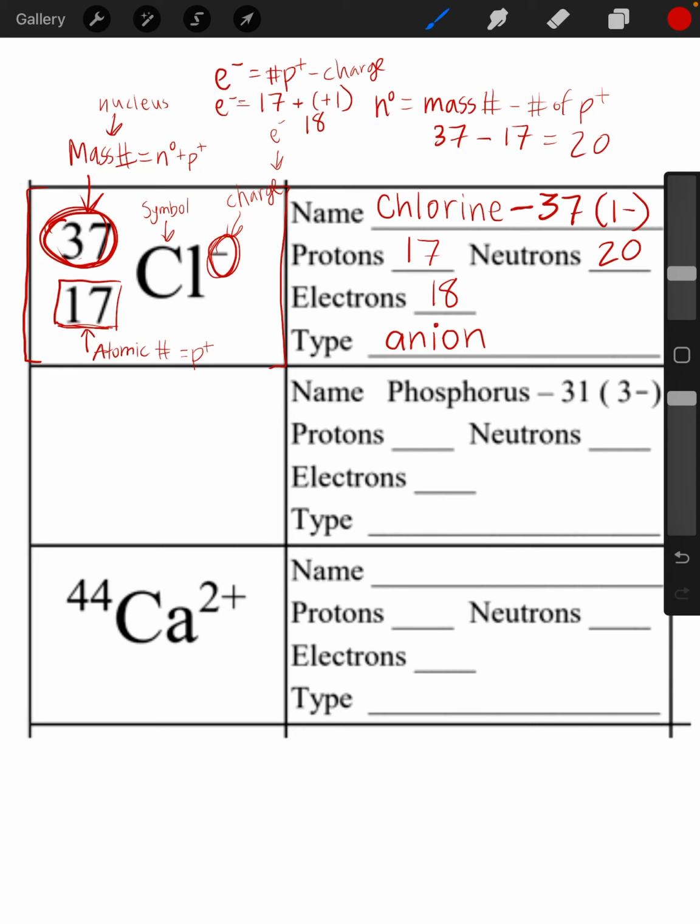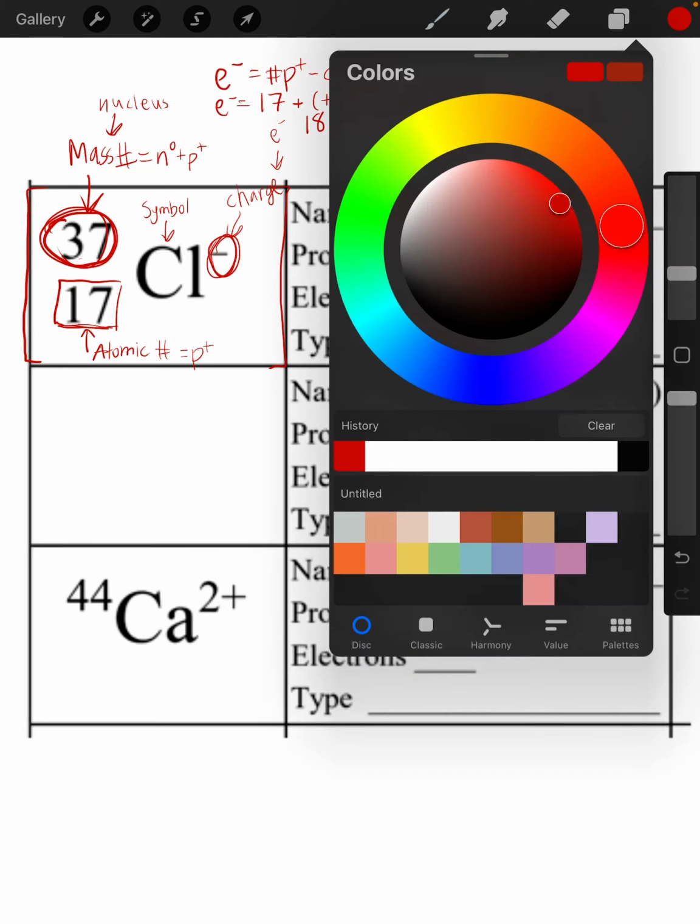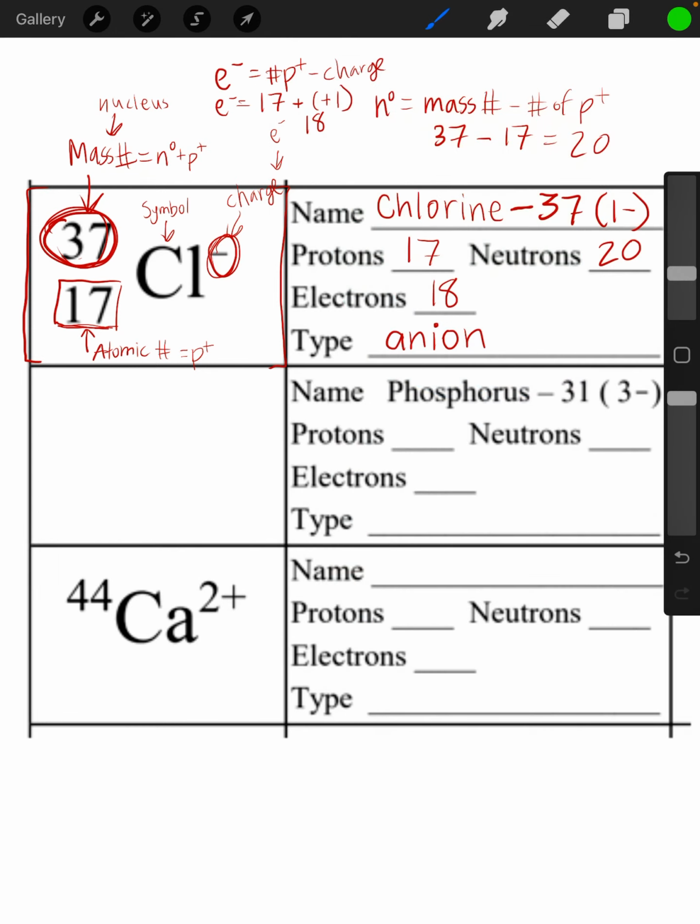With this next one, we have phosphorus-31 with a 3- charge. This time they gave us the hyphen notation, and they want us to write out this isotope notation. So we see the components above. I'm going to change this to a different color so that you can see. We can start by putting our element symbol. Phosphorus is P. You can find that on the periodic table.